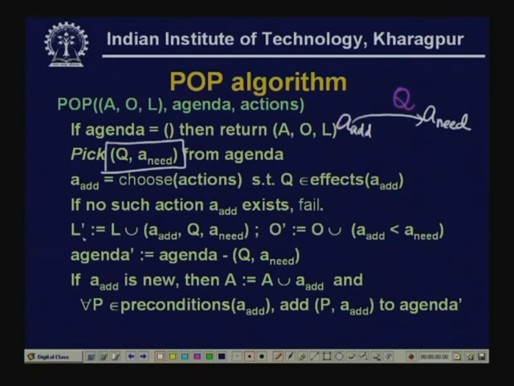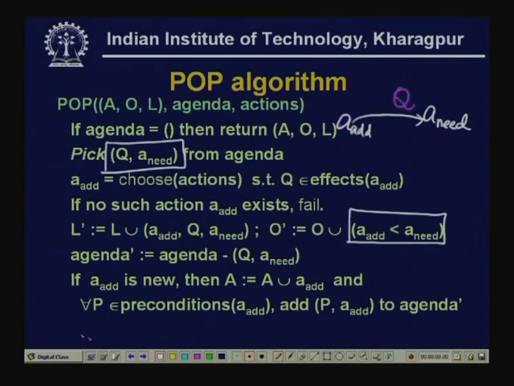Now, how is the plan data structure changed? First of all, in the plan data structure we add a causal link from A add to A need on Q. Secondly, we update the partial ordering relations by adding this new relation: A add must come before A need. Then the new agenda: one entry that we have removed from the agenda is Q, A need, because Q, which was an open precondition, has been achieved in this state.